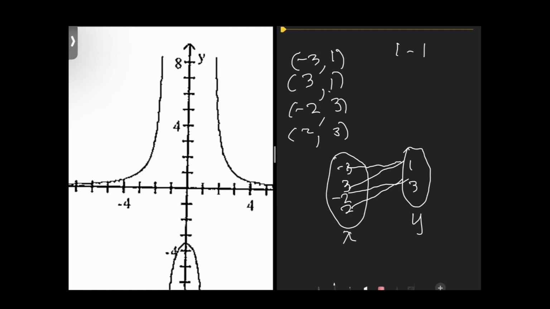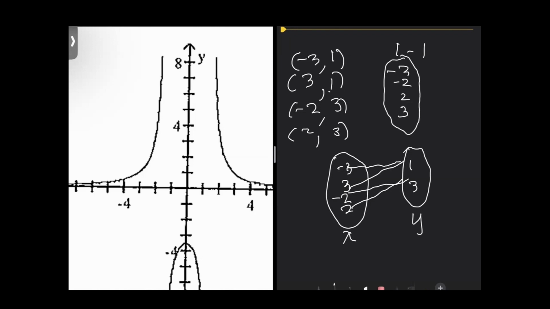It would have -3, -2, 2, and 3 in one oval.